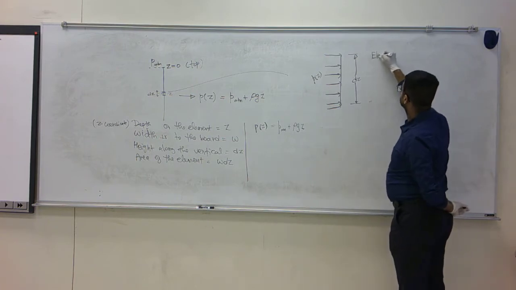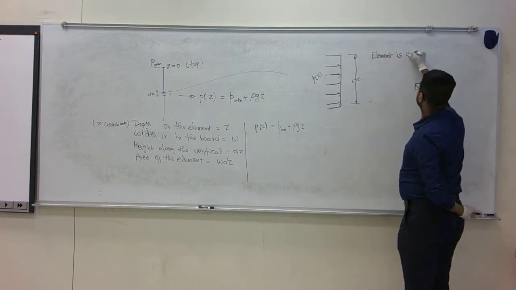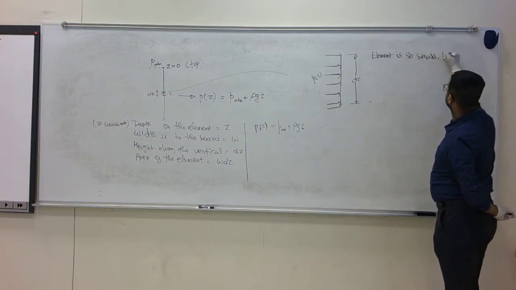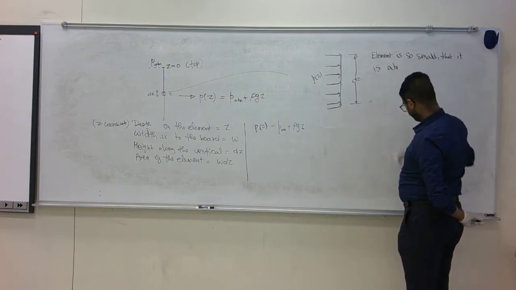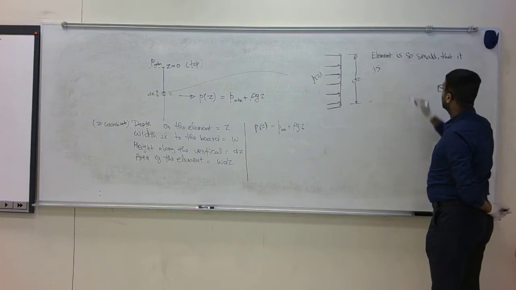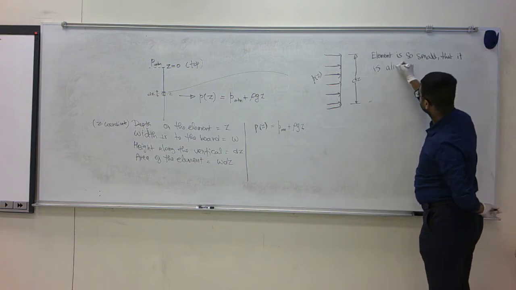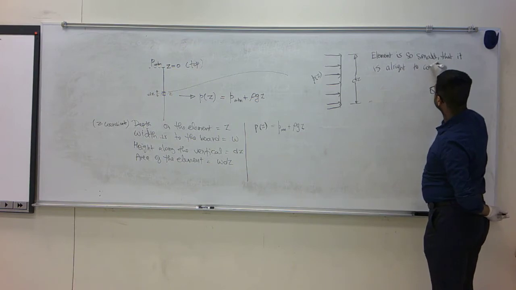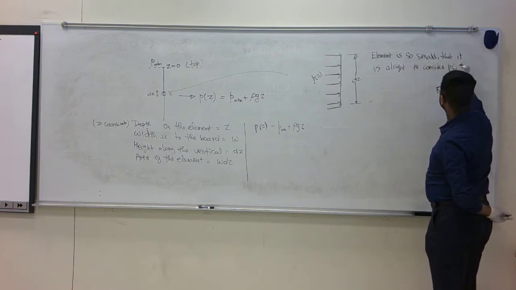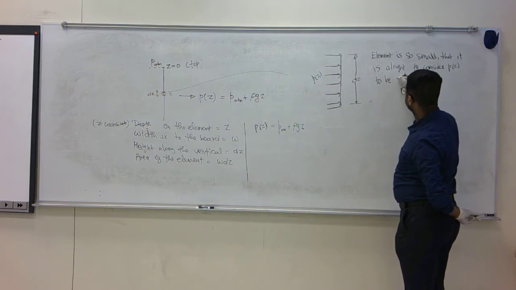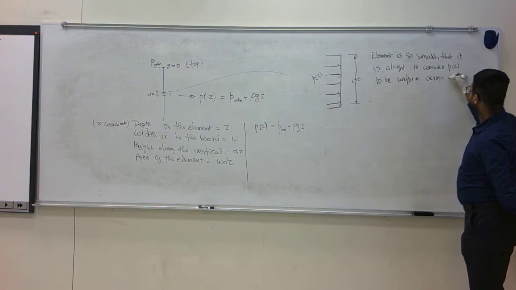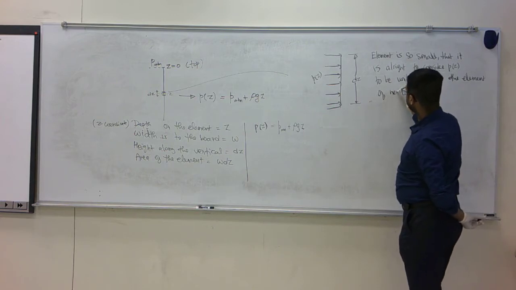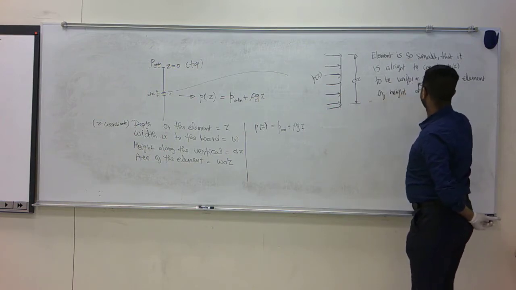That is, the element is so tiny that it is all right to consider P of z to be uniform across the element of height dz.